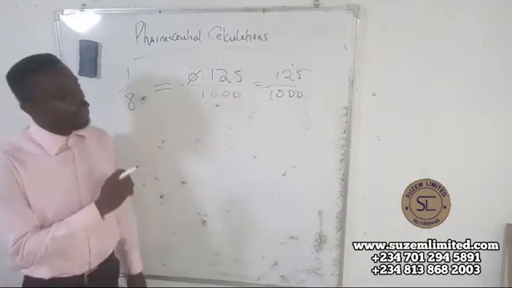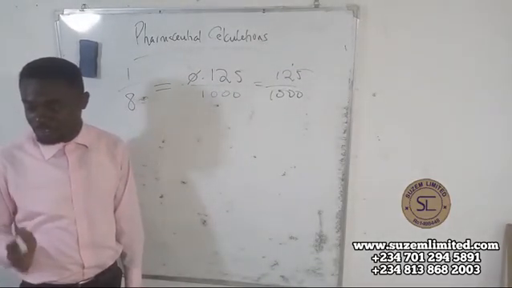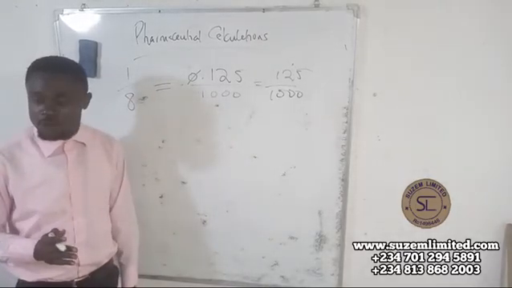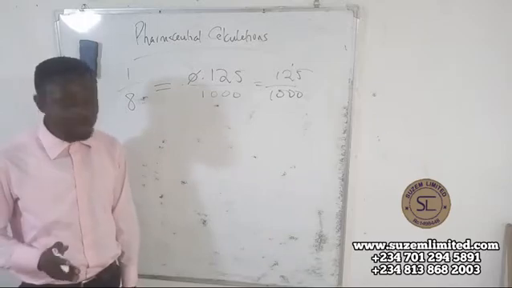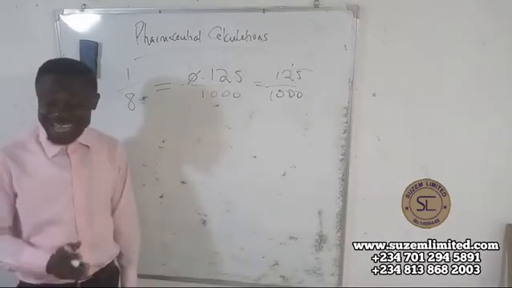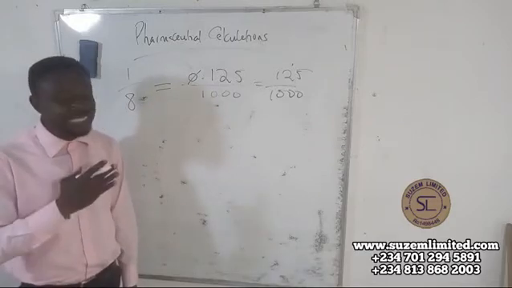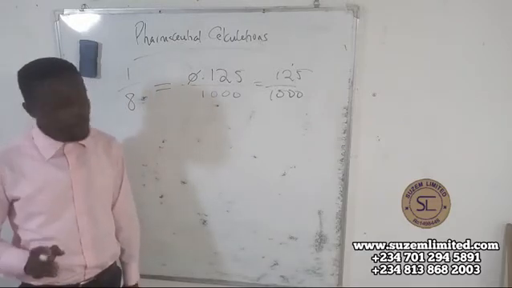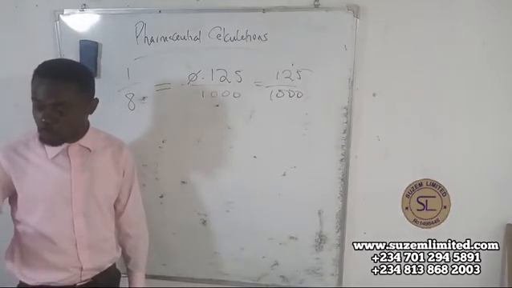Remember what I made mention of, equivalent fractions. You may have a fraction where the numerator and the denominator have different numbers, but the quotient, the value of their division, will be the same. You know what a quotient is.